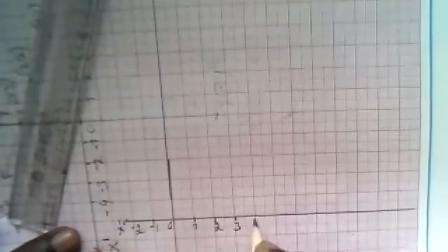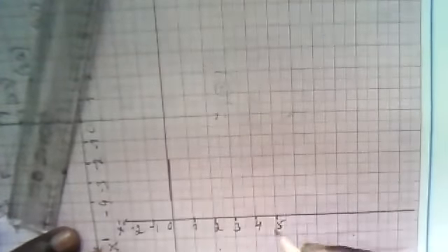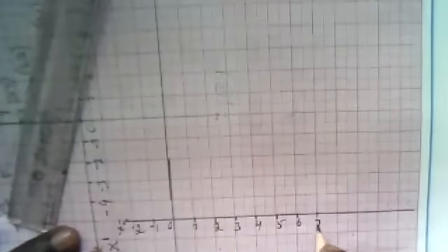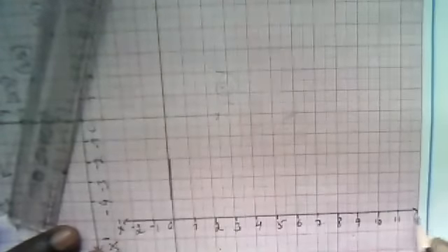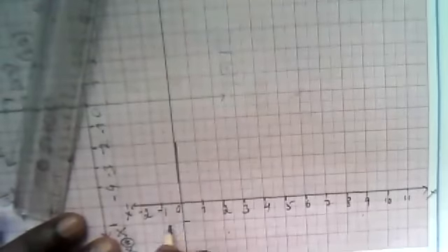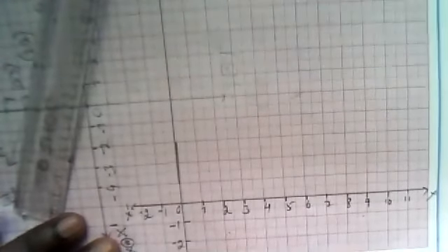Okay, x and y axis, origin. Minus 1, minus 2, this is x dash, 1, 2, 3, 4, 5, 6, 7, 8, 9, 10, 11, this is x, and for y, minus 1, minus 2, y dash.